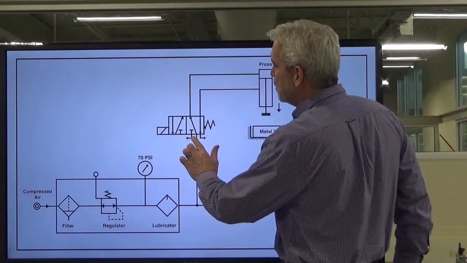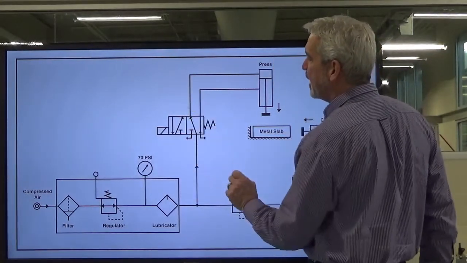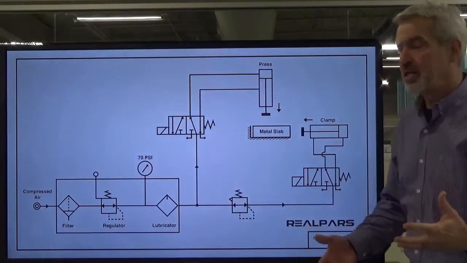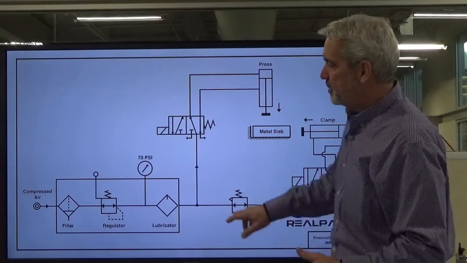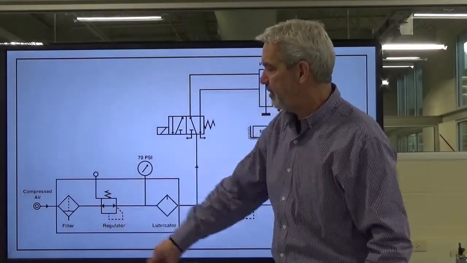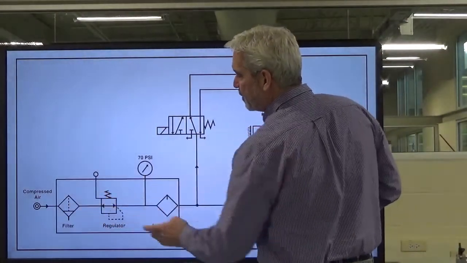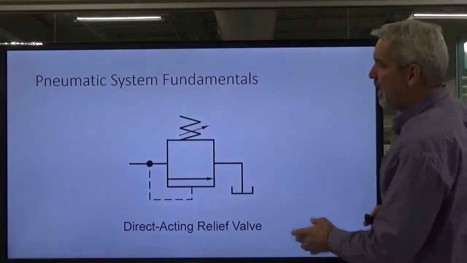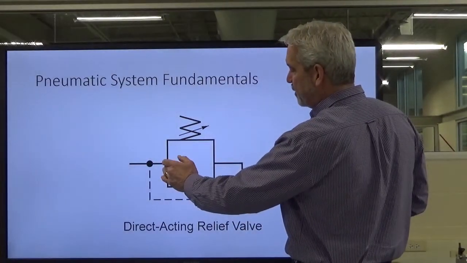What we do is shift the spool inside that, and it redirects the pressurized air either to this side or to that side, depending on which way we shift it. Another thing I want to talk to you about is this pressure regulator right here. What's interesting is this is a pneumatic pressure regulator, and you'll notice that, as opposed to the hydraulic, there is no path for the fluid to go from here to tank.